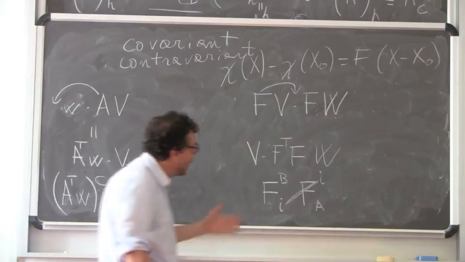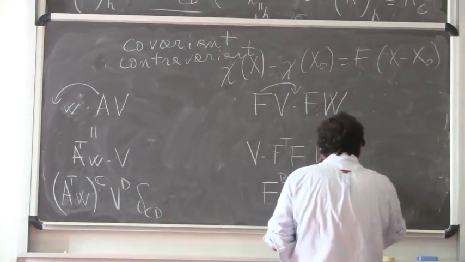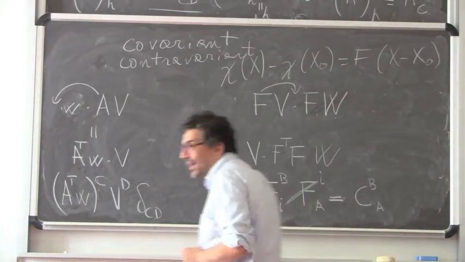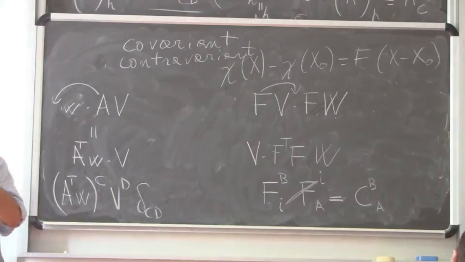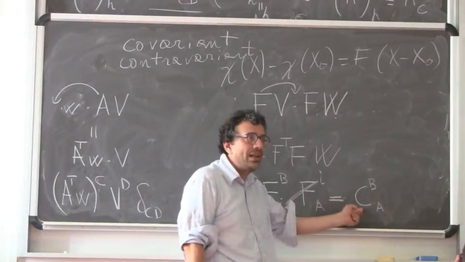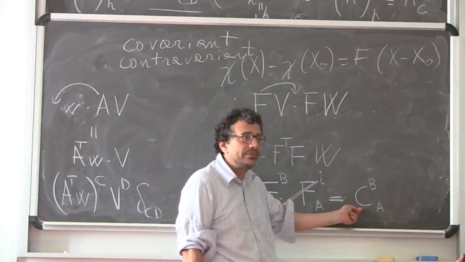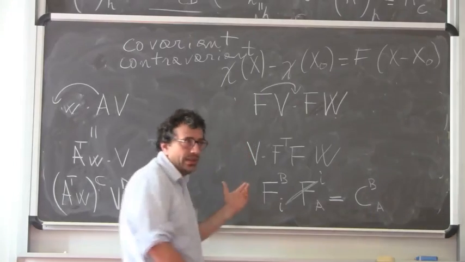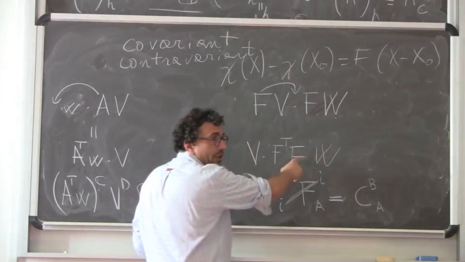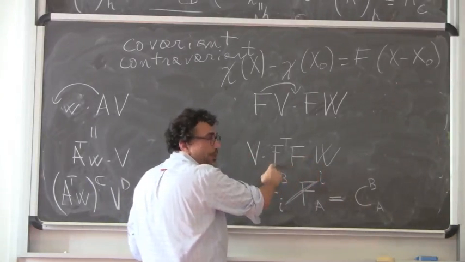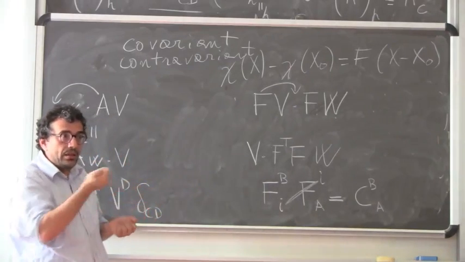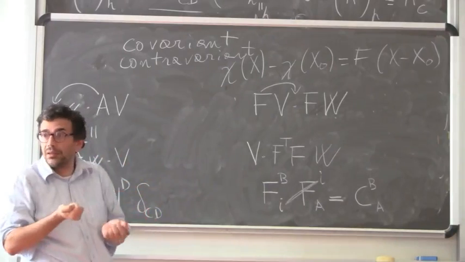Okay? So what you have done, you have built a matrix whose indices are only capital. And indeed, F is mapping the material vectors into a Eulerian vector. F transpose is pulling back a Eulerian vector to material vectors.